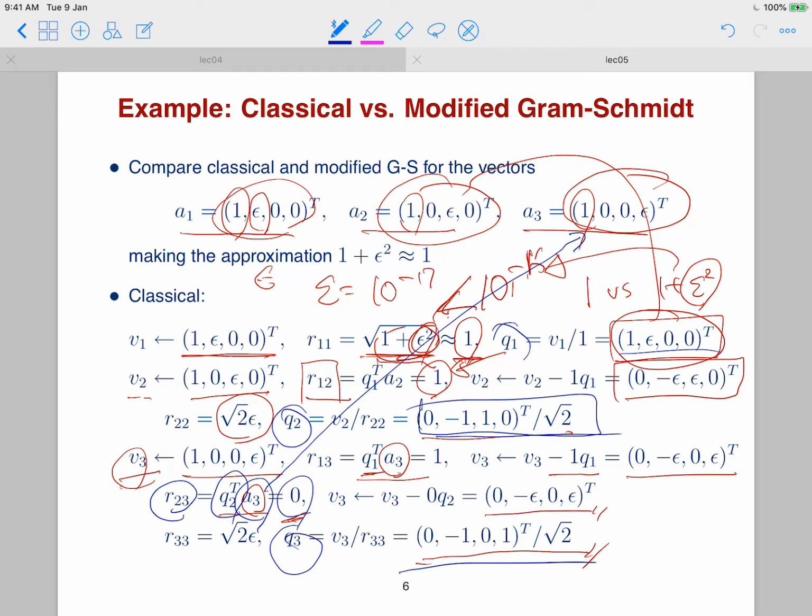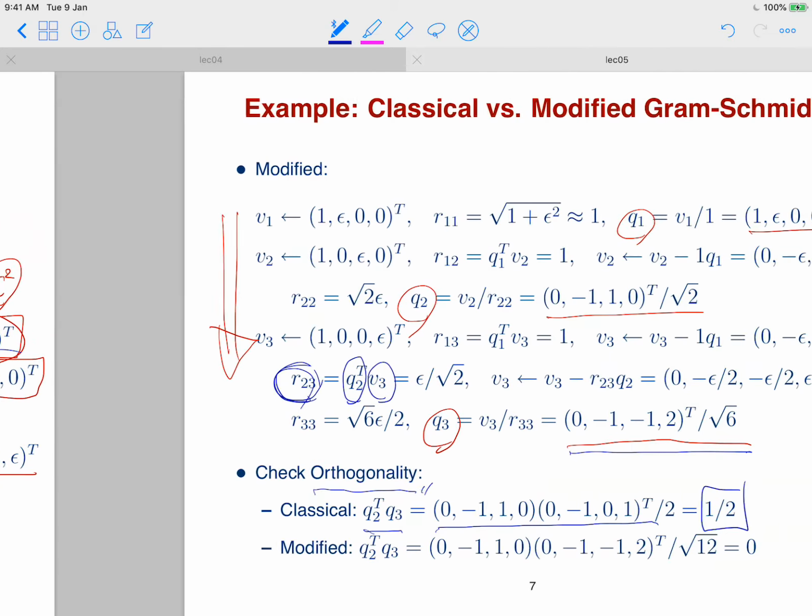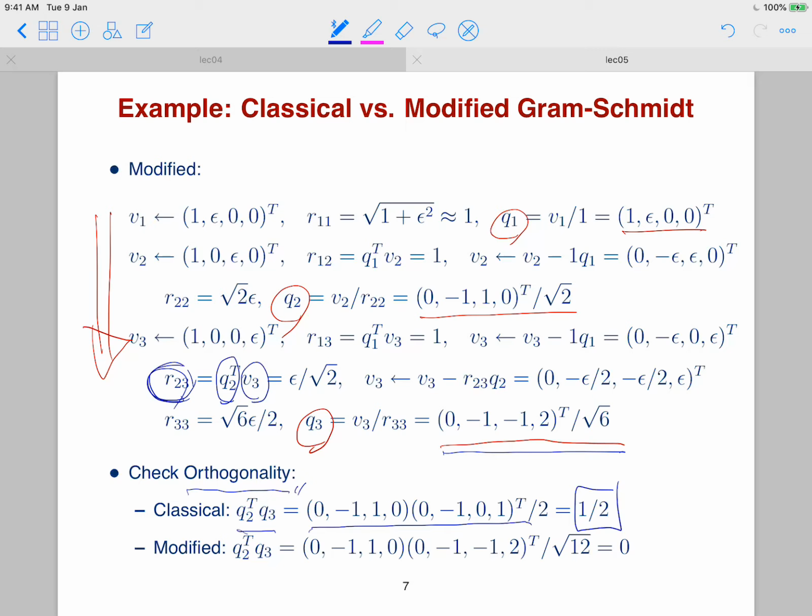See, in this case R23 is the inner product of this V3 with Q2.